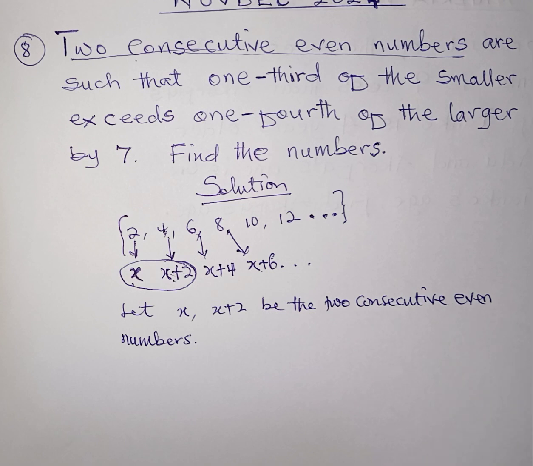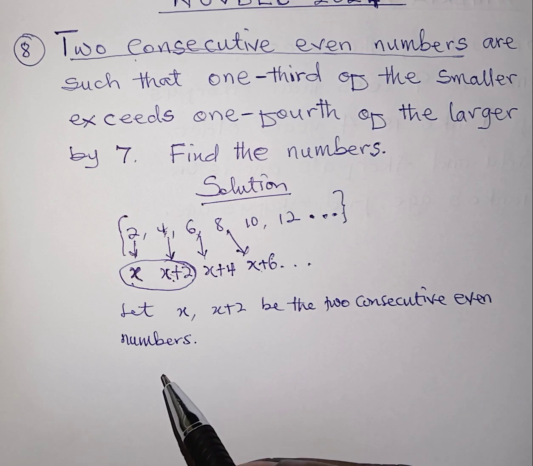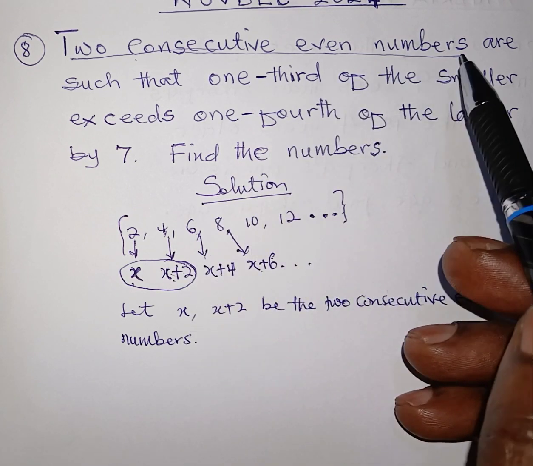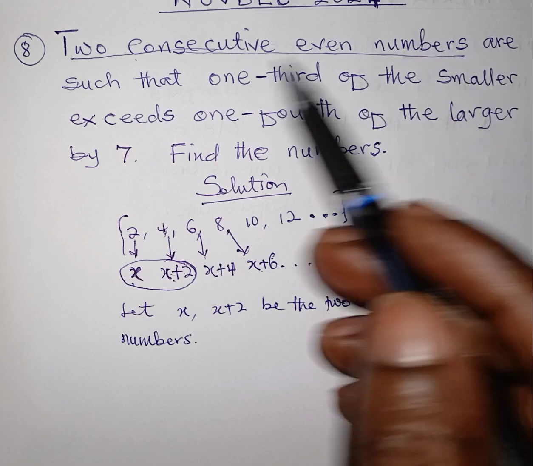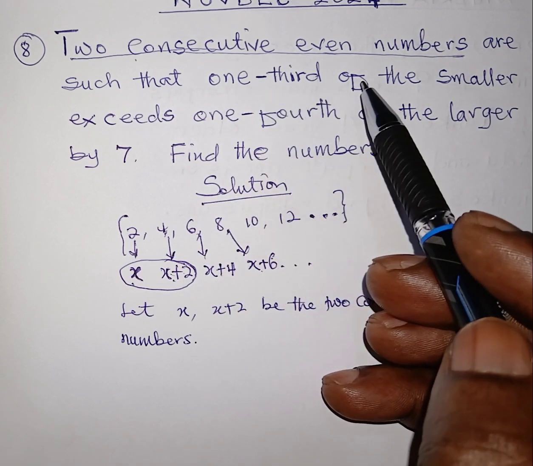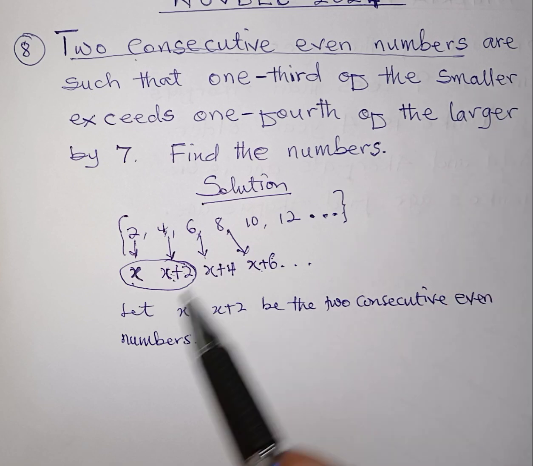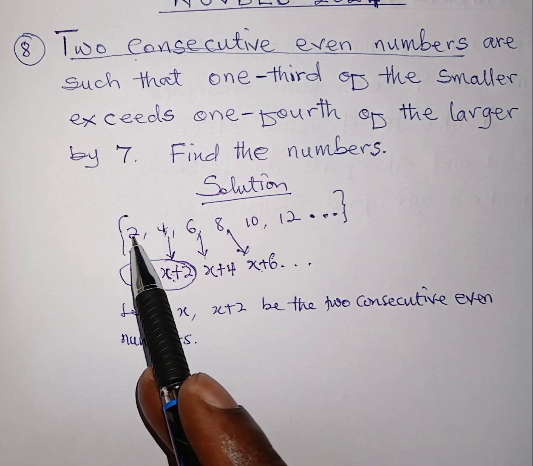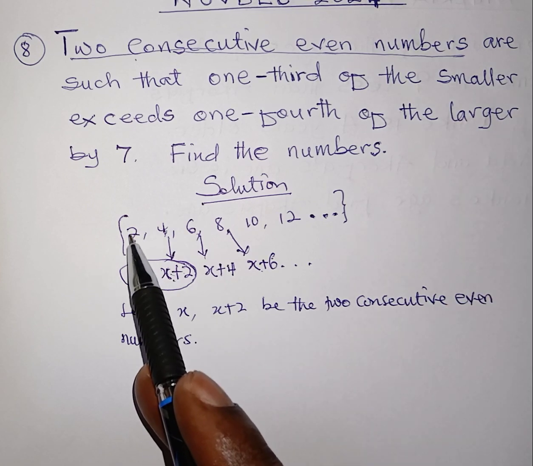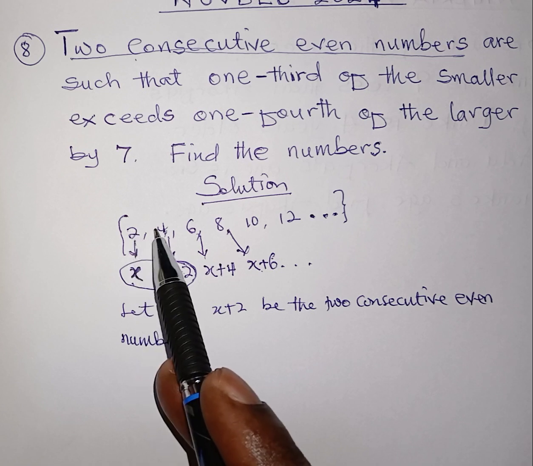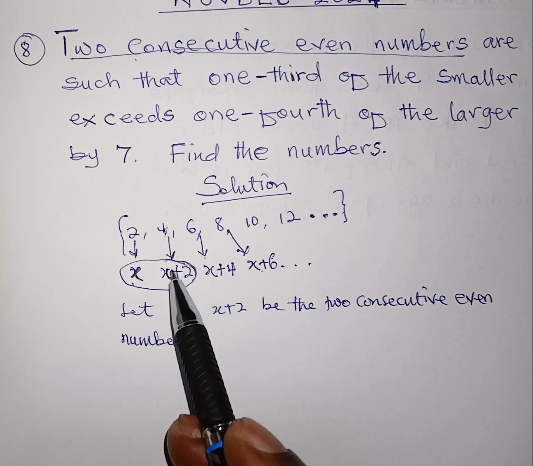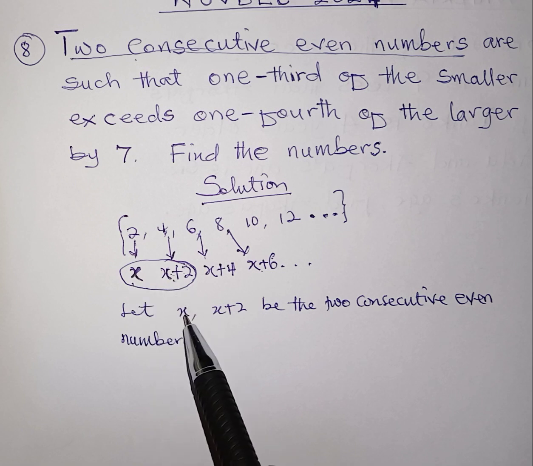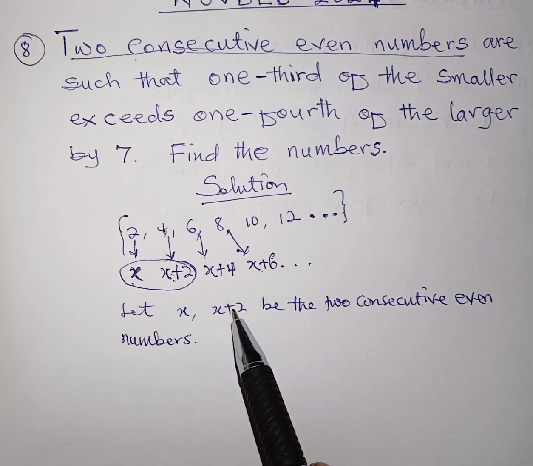All right, good. Now let's check. Okay, let's continue. And then the question further says they are such that what? 1/3 of the smaller. Now we all know that if we talk of the first one, that will be the smallest. And then it follows like that. So if I'm dealing with only these two, then I will say that the first one, which is the smallest, is this x, and the second one, which is the larger, is x plus 2.